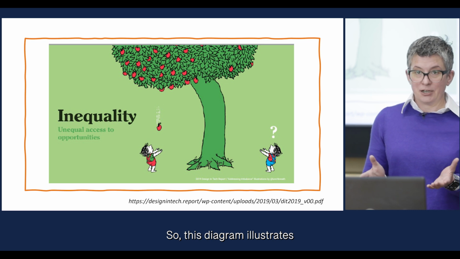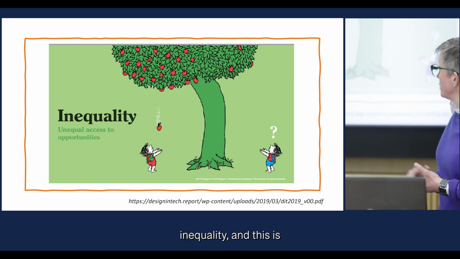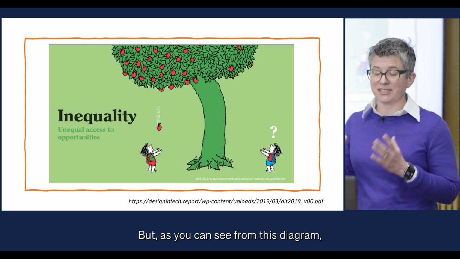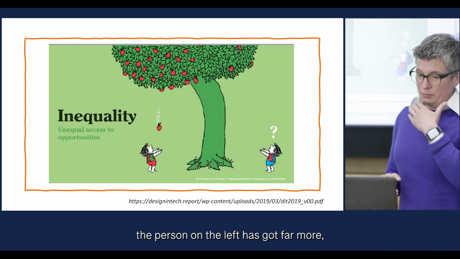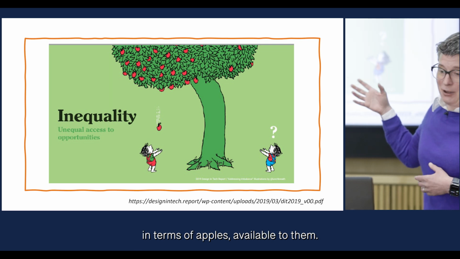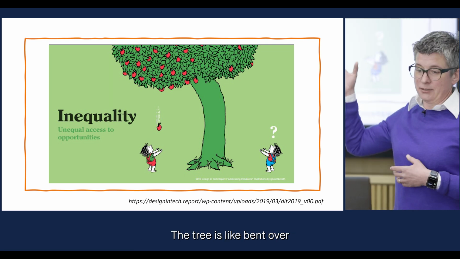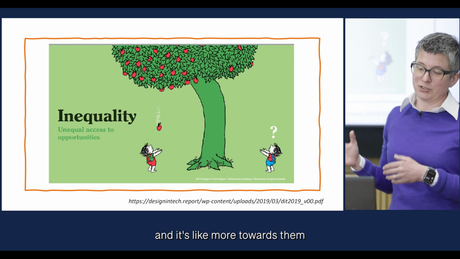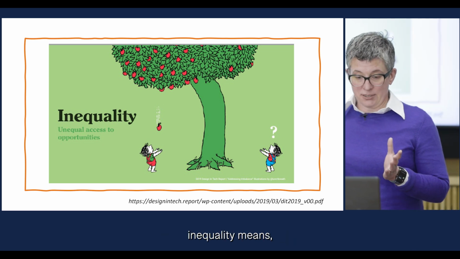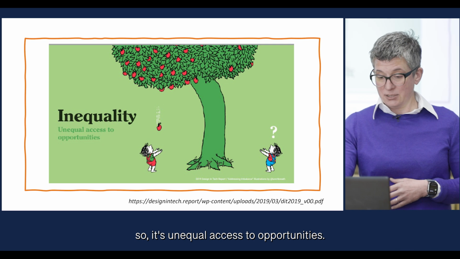So this diagram illustrates inequality, and this is when you've got unequal access to opportunities. But as you can see from this diagram, the person on the left has far more apples available to them. The tree is bent over and it's more towards them than the person on the right. So that's what inequality means, unequal access to opportunities.